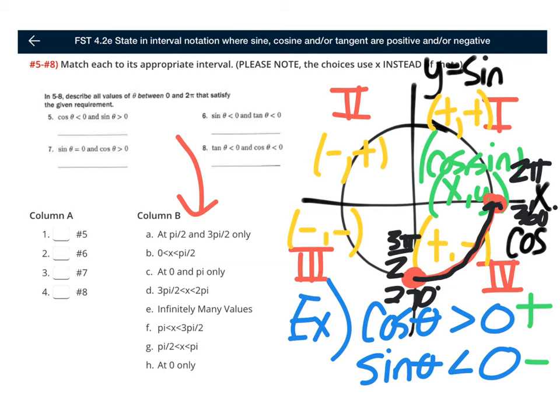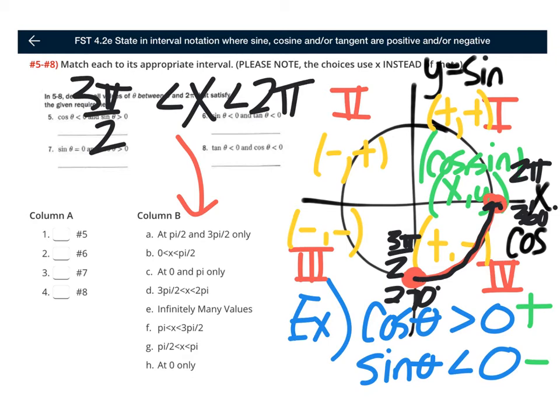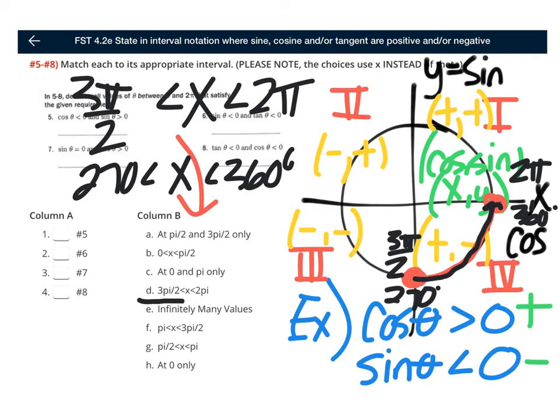So for this particular one, I'm looking for the interval that would say my x's are in between 3 pi over 2 and up to 2 pi. By the way, that is again the same in degree mode, the same as 270 up to 360. So for this one, I would look for that combination, and this right here would have been my answer for this particular example. Give that a try. That should help you with number 5.